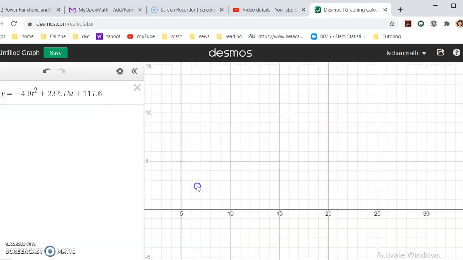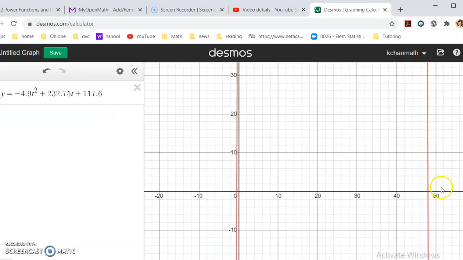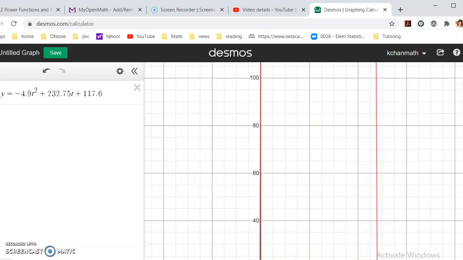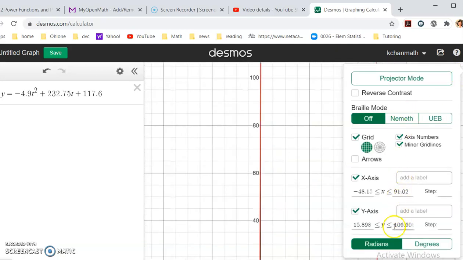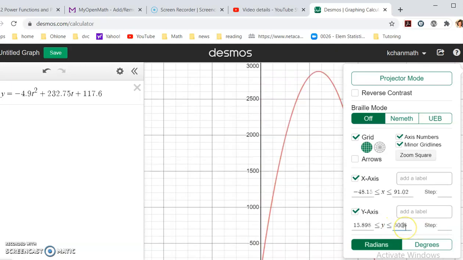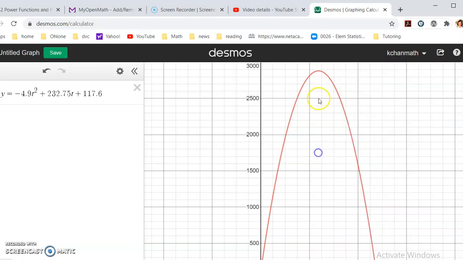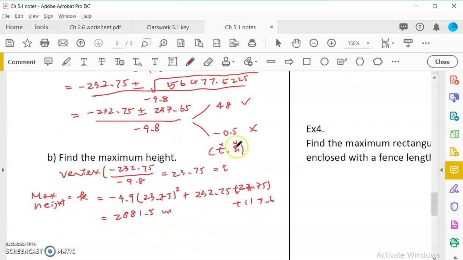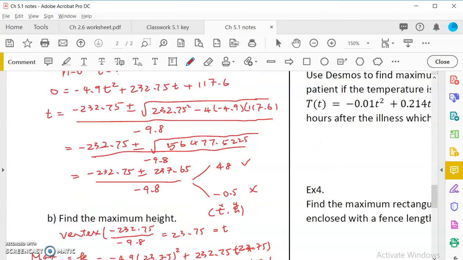You can see that earlier we have 48 here, so that is when it is 0. And then you go all the way up. You calculate it to be around 3,000, so let's say y equals 3,000. Change the y to 3,000 and then click on the highest point. You can see 23.75, 2881.5. So that is actually correct. That's how you check your answer. That's the maximum height, so that's the first question.